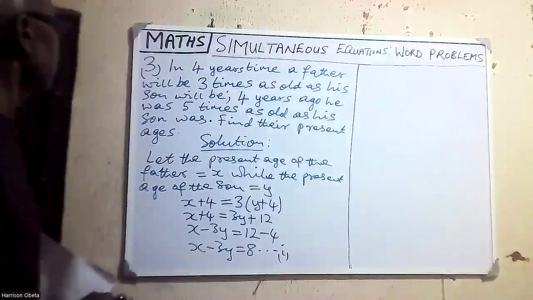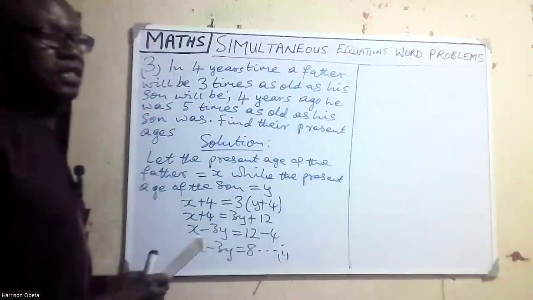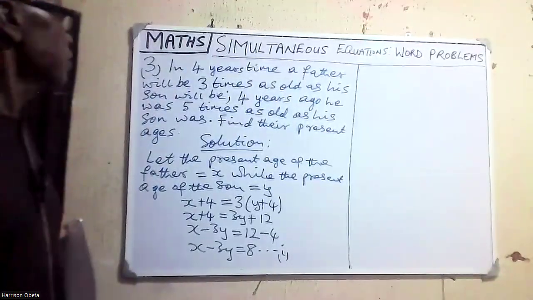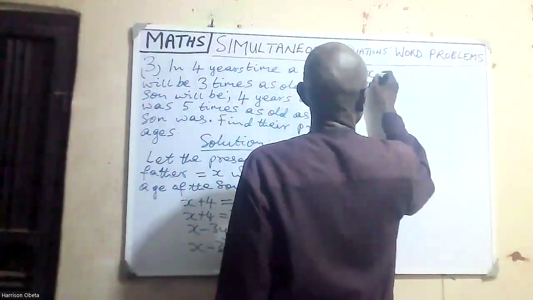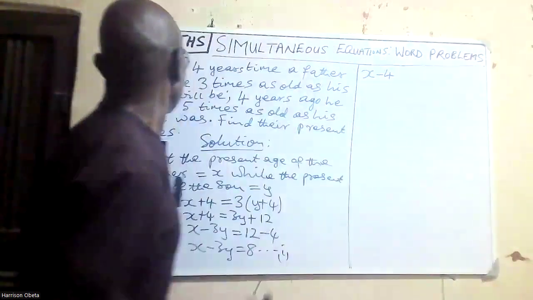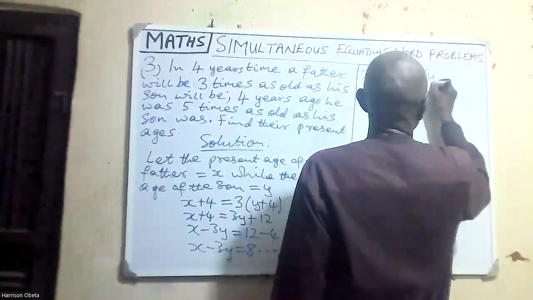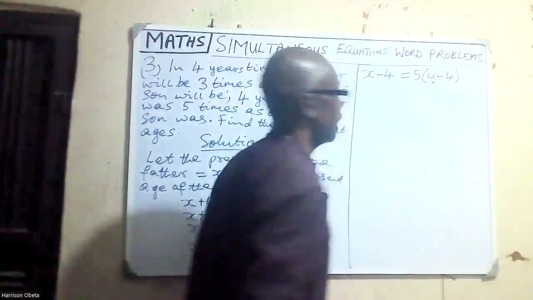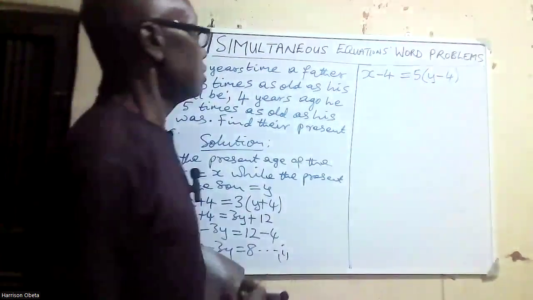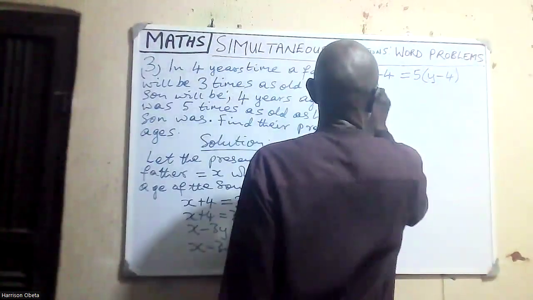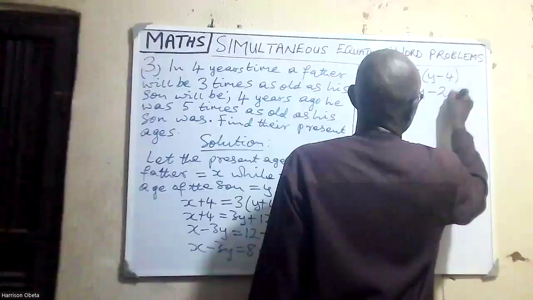And then going over to the other part of it, it said 4 years ago. 4 years ago means you are removing 4 years from each of them. So x minus 4 will be 5 brackets y minus 4. That is, you remove 4 years from the present age of the father and 4 years from the present age of the son. So open the bracket, you have x minus 4 equal to 5y minus 20.